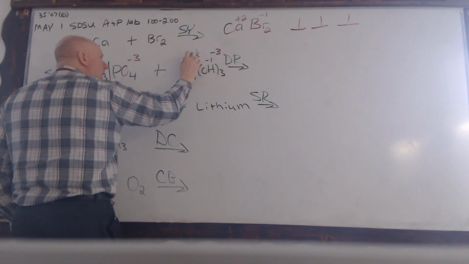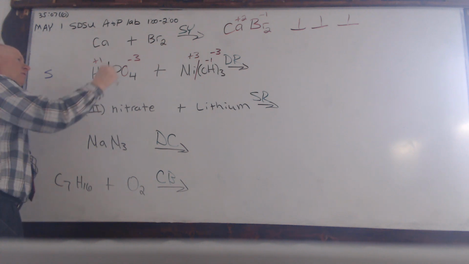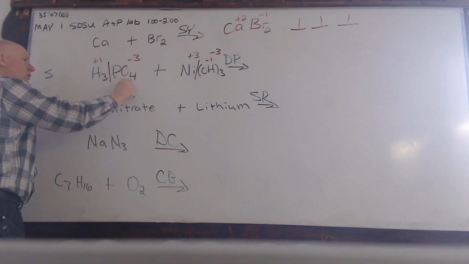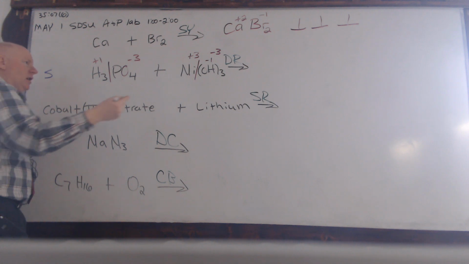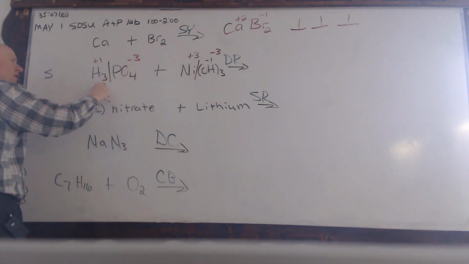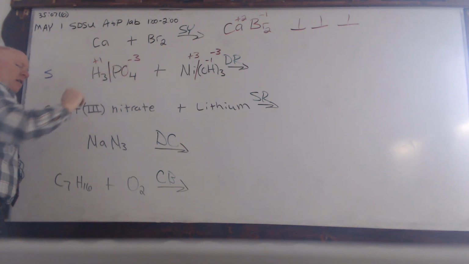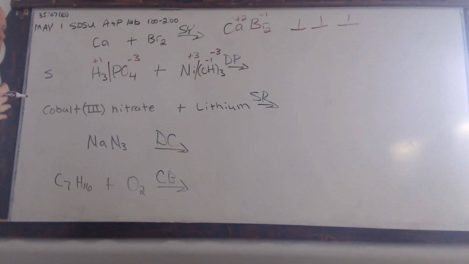Now we've got that adding up to 0. The charges will not change going from one side to the other. Remember, this is the only subscript that's going over there for sure. This one might, and this one might. It just depends upon what we need to have the compound add up to 0 in its charges.